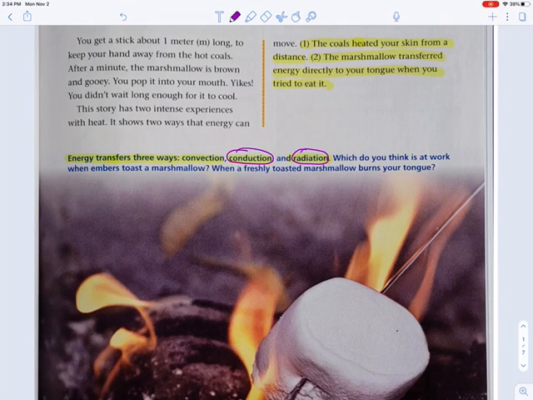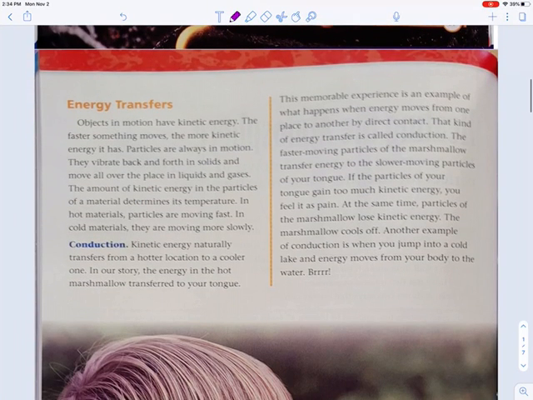However, convection, I can make a connection to this because I know that we have done labs on convection, and I think about the smoke in the basin lab that we watched the video of. Okay, and then I'm going to continue reading.